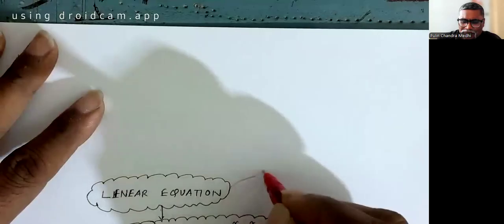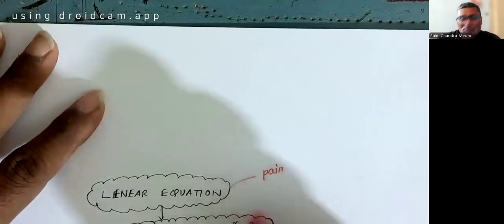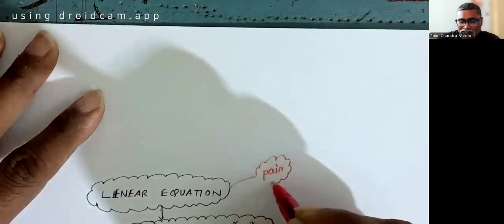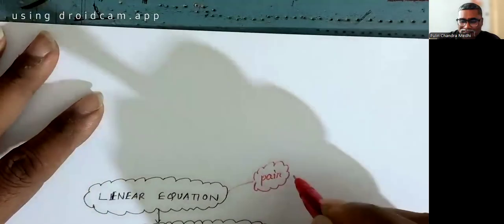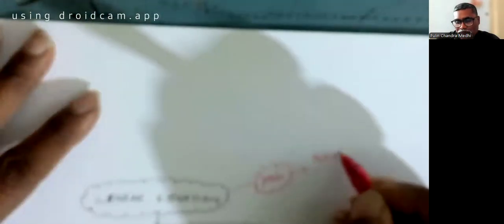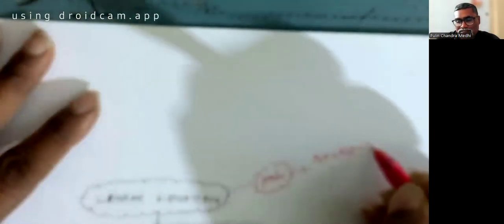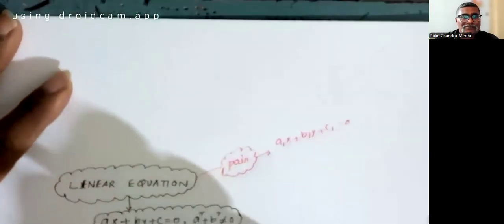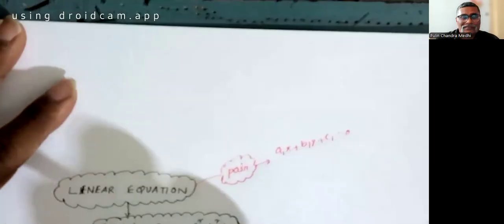So I'll write here pair. That means I'm going to talk about the pair of linear equations. If you're writing pair, you should have two different equations at the same time, right?